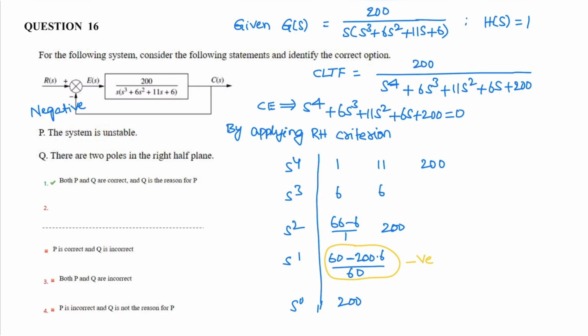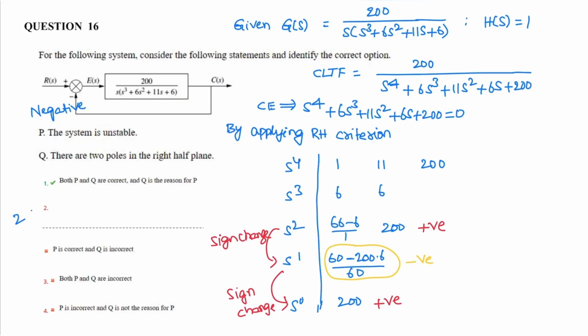So there is one sign change from s square to s1, and another sign change from negative to positive. The first term is positive and the last term is positive. There are two sign changes, which implies there are two poles in the right half of the s plane.